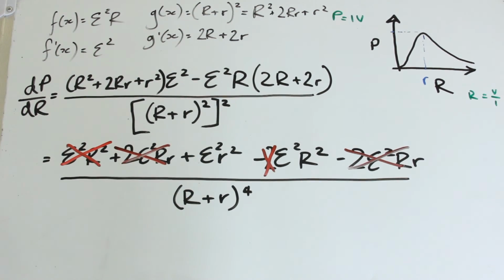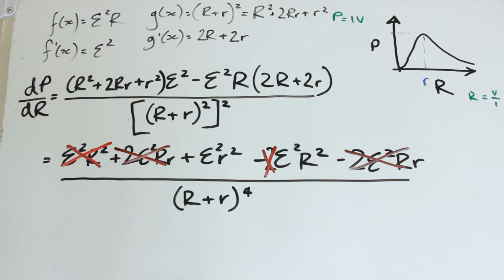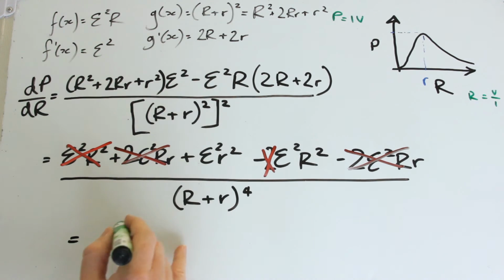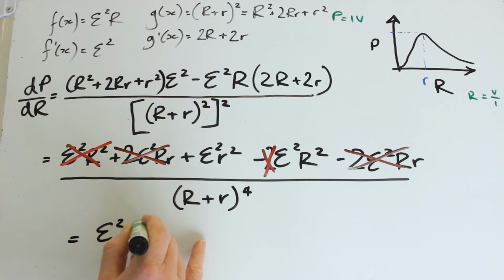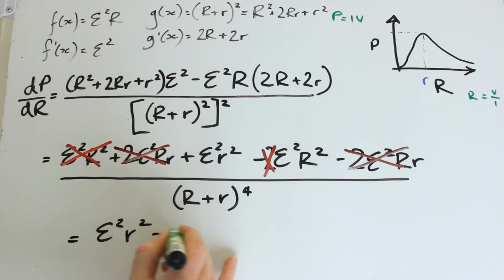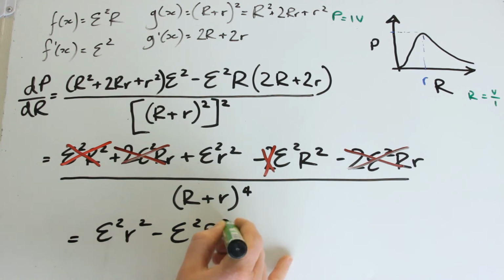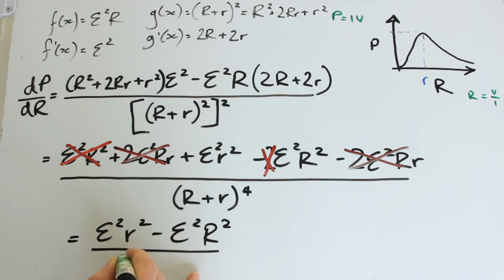Okay, so that allows me just to write down a simpler form then of my differential of P with respect to r. I've got E squared r squared minus E squared r squared, and that's all over r plus r to the 4.